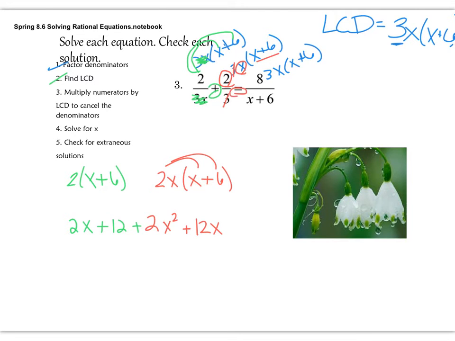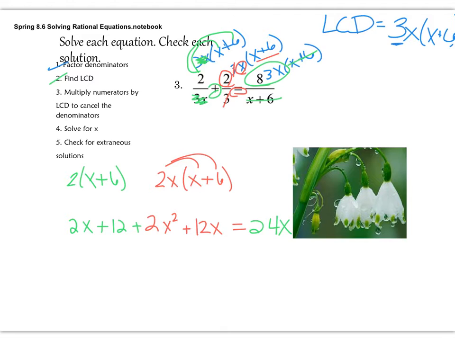And then I have an equal sign. And this last part, I can cancel the x plus 6. And I have 8 times 3x. 8 times 3x is 24x. All right, my fractions are gone. But you have to be fair and do the LCD to every single part of your fraction. Okay, we got to be fair.